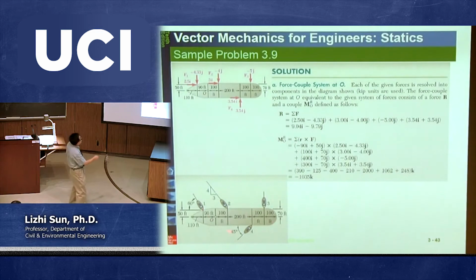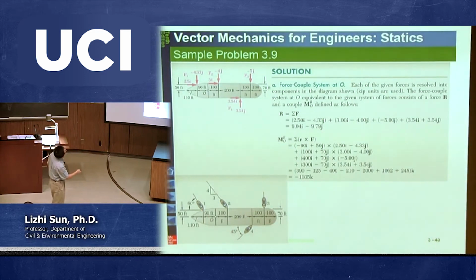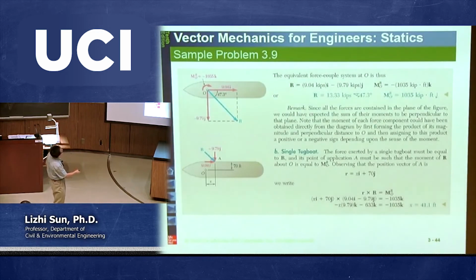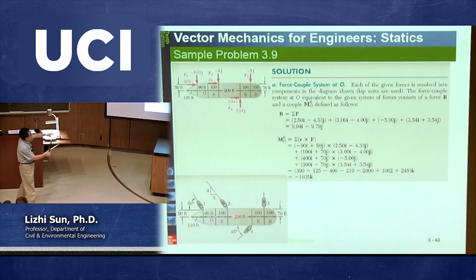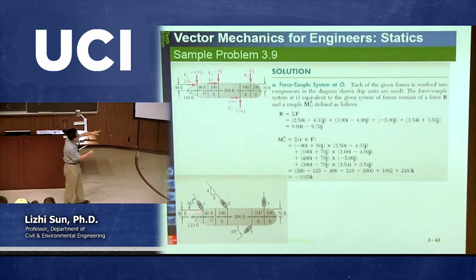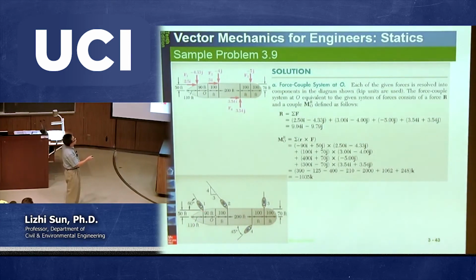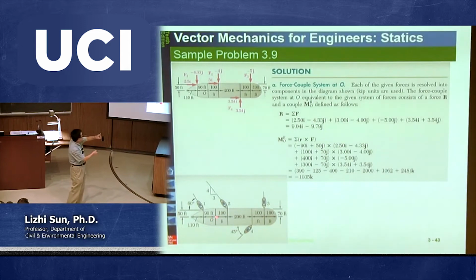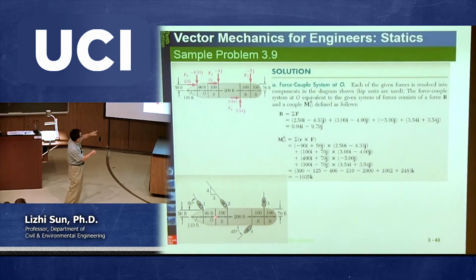In other words, this one is equivalent. Let me see if I have that figure. Yes, okay. This one has 4 forces acting at different locations, and it is equivalent to the same rigid body with 1 force acting at point 0 and 1 moment at point 0.